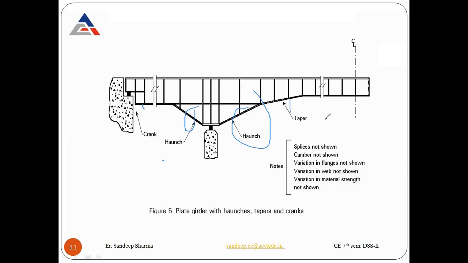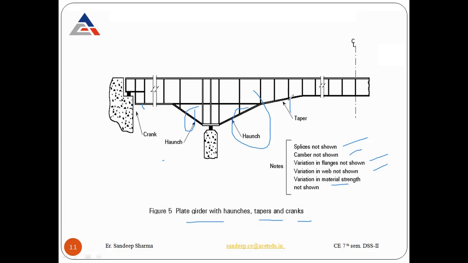This is the taper portion. The splices are not shown, camber not shown, variation in the flanges not shown, variation in the web not shown, and variation in material strength not shown. The plate girder with haunches, tapers, and cranks that you can see, with only the stiffeners shown from this side.